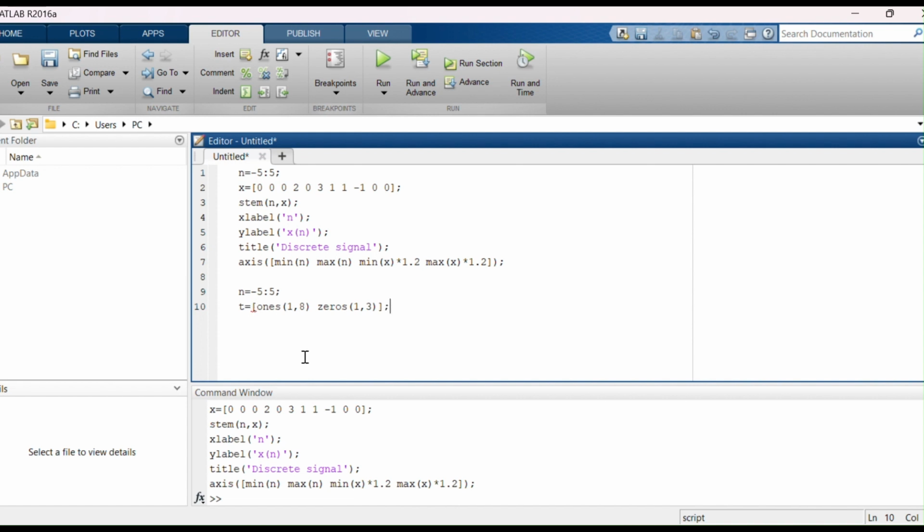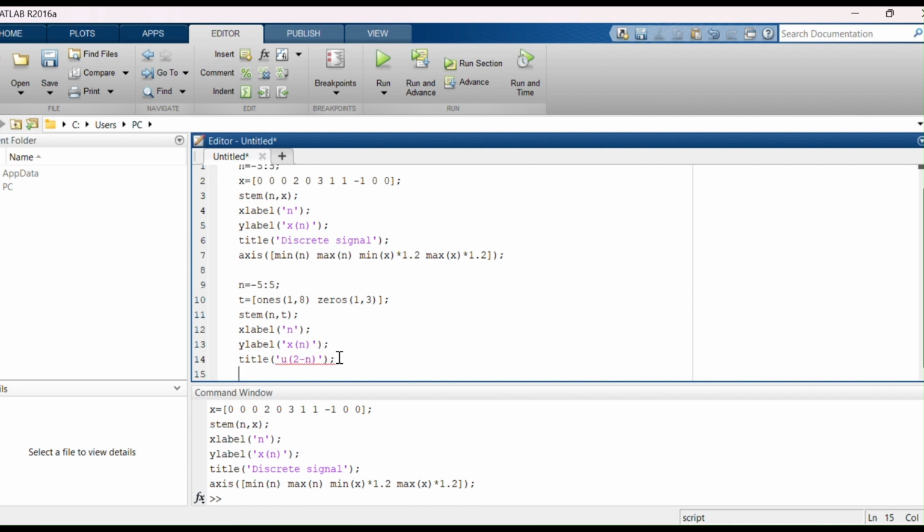Okay, stem n comma t, the x label the same thing, and I would name the title as u of 2 minus n. Okay, add the same axes.